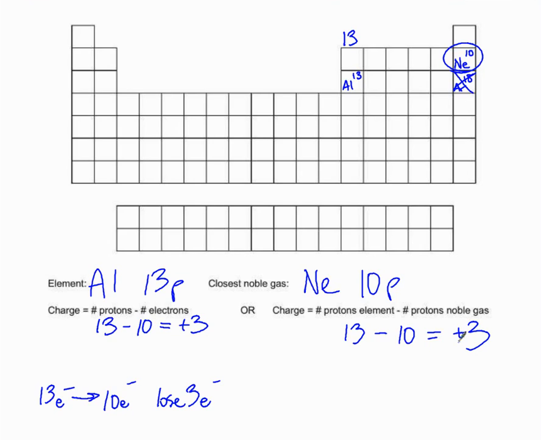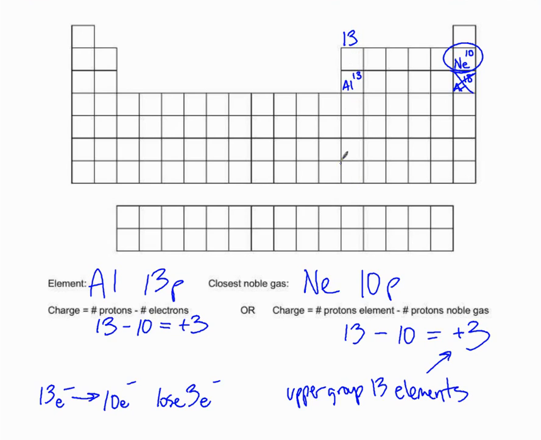And positive 3 is the charge of at least the upper group 13 elements. With group 13, they're mostly metals, most of them.